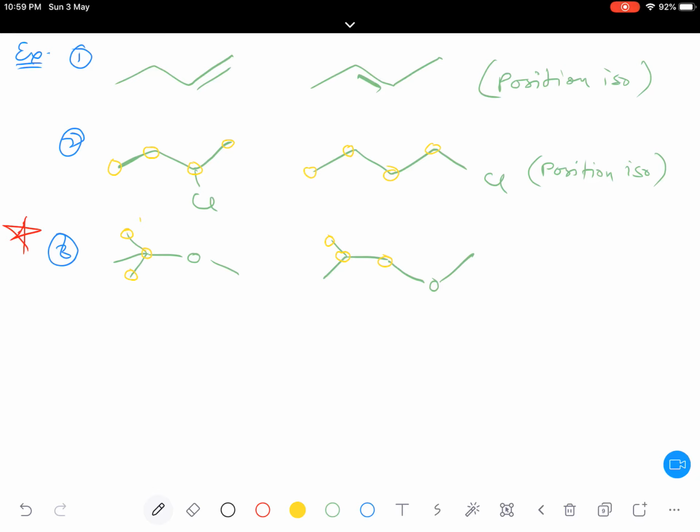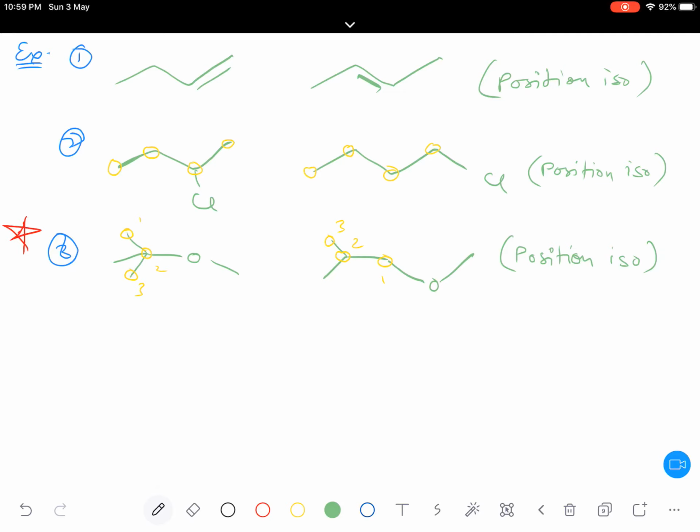The methyl group is coming on the second carbon always. Here also 1 2 3, it is again the methyl group coming on the second carbon. But the methoxy group, in the first one it is coming on the second carbon, while in the second compound it is coming on the first carbon. So these two compounds are said to be position isomers to each other.